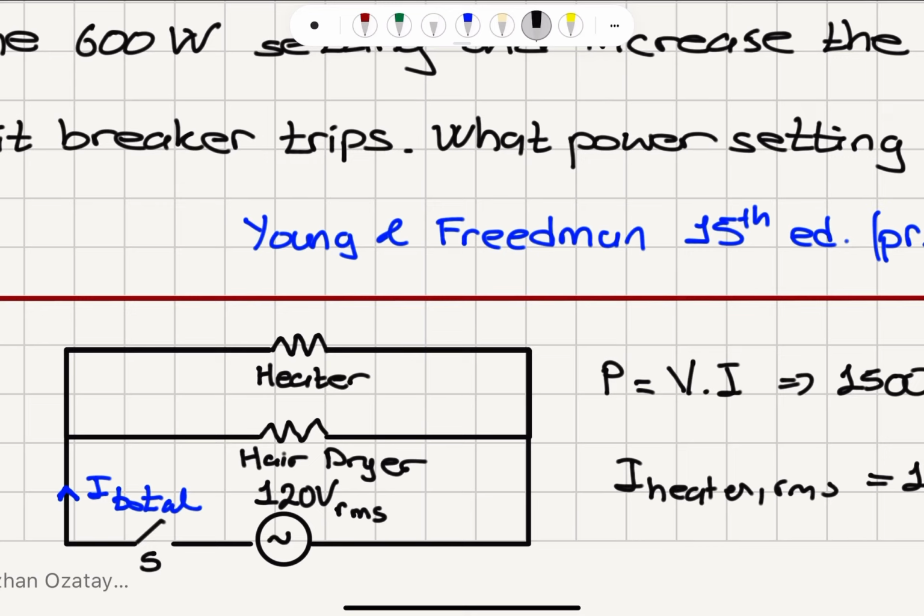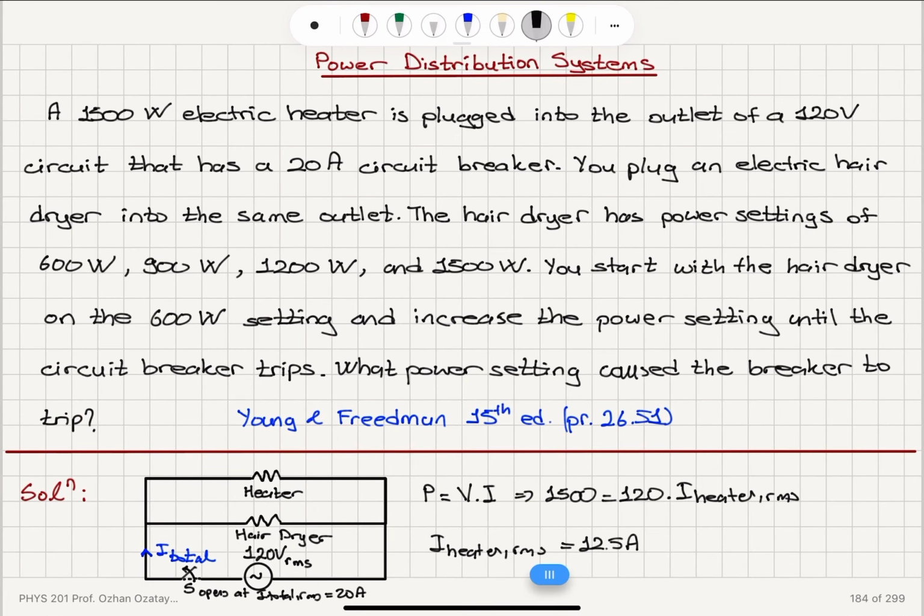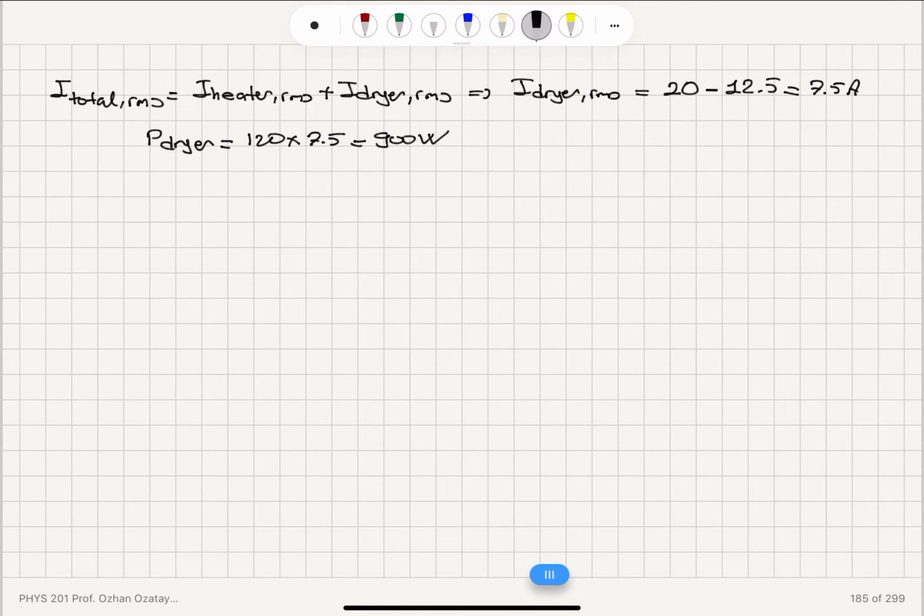The switch actually is normally closed. It opens when I total RMS is equal to 20 amps. So this switch is normally closed, but it will disconnect the power supply from the rest of the circuit, the load, when the current exceeds 20 amps.